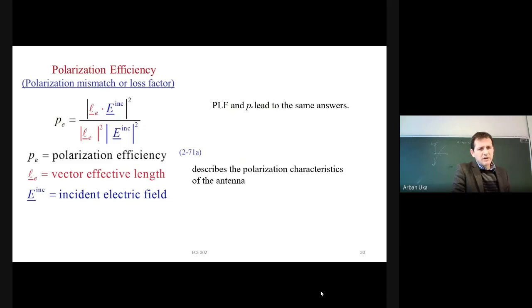Both of these are powers, because we know that power is always proportional to the square of the electric field intensity. And the values that we see here are the polarization efficiency, the vector effective length, and the incident electric field vector.